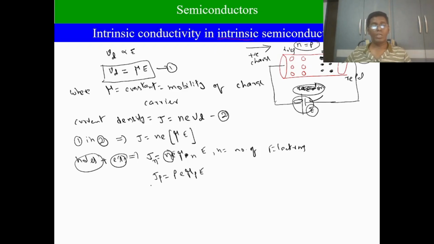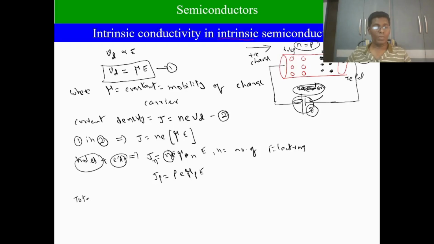Coming to the other equation, Jp is the current density due to holes, P is the number of holes, e is the charge of the hole, mu p is the mobility of the hole, and E is the applied electric field. Now I am writing the equation for the total current density.